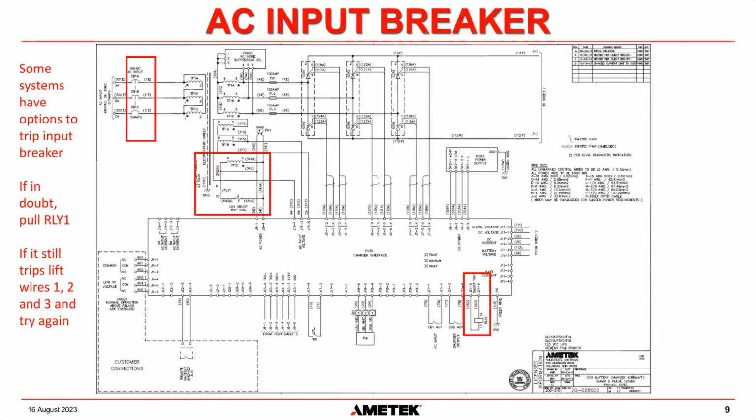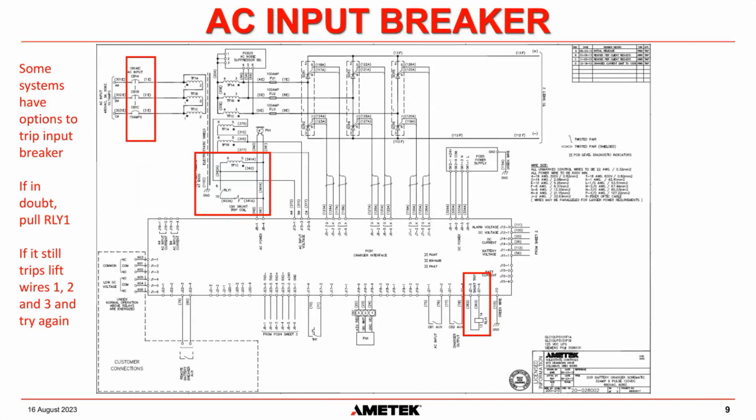They're also using it for the control signal for this CB1 shunt trip coil. So if RLY1 closes, then the CB1 shunt trip coil will energize, and that will trip the breaker here.